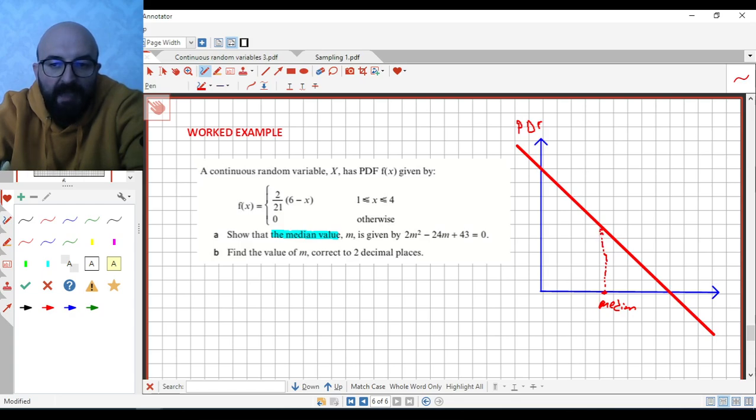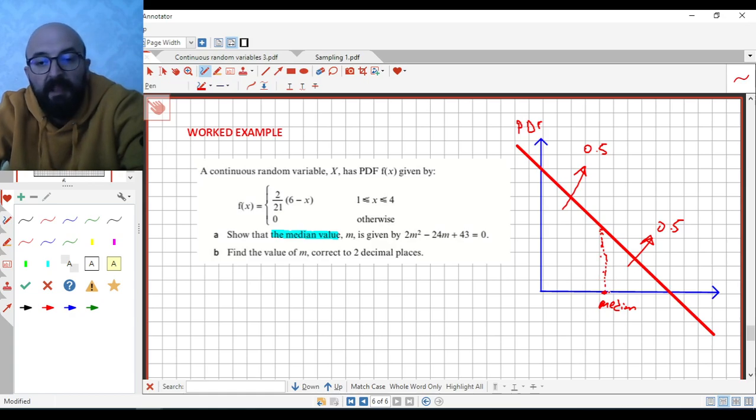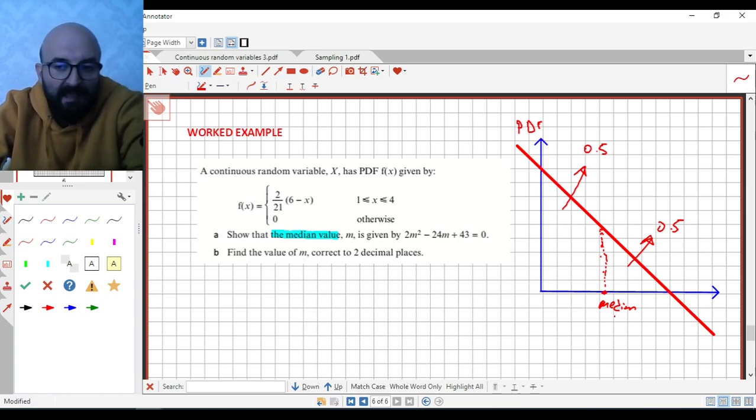Under the PDF graph, the median point separates the area into two parts, and each area should be 0.5. Let the median point be m, because they said the median value is m.